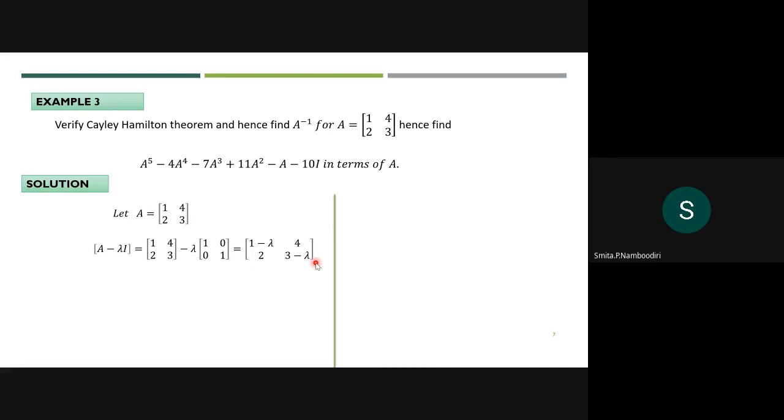So what is the characteristic equation we get? Determinant of A minus lambda I equal to 0, ठीक है, इसको ओपन करना है और सिंप्लीफाई करके कैरेक्टरिस्टिक इक्वेशन निकालना है.